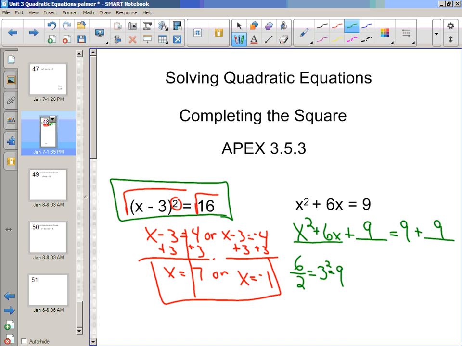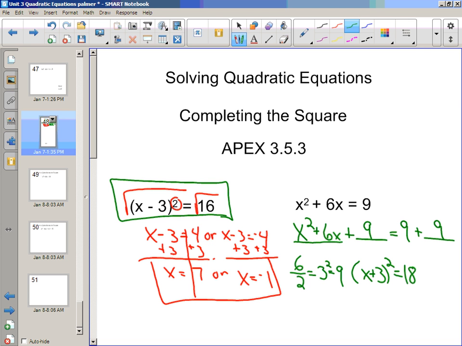So if I do that to both sides, what I have over here just became x plus 3 squared equals 18. So from there on, I've just done the process of completing the square. Now I just solve it like I did the problems on the last lesson, where you take the square root of each side and so on.